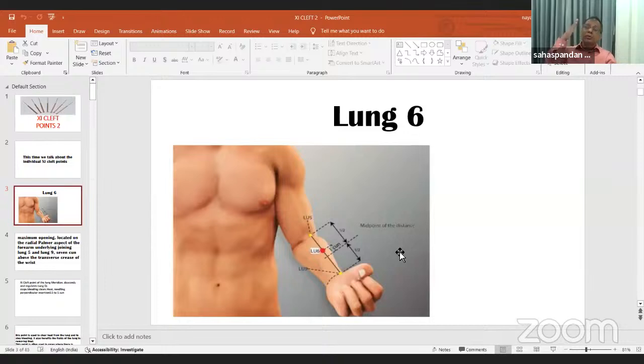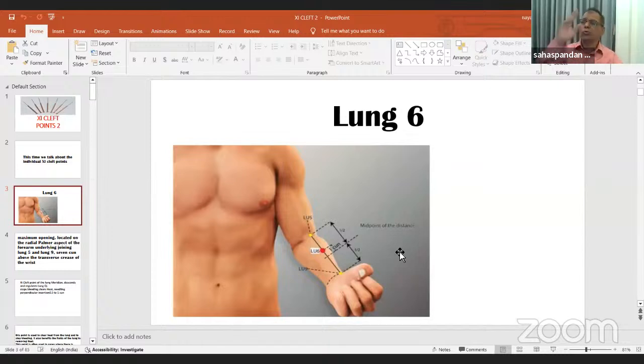It stops bleeding. और जो रक्तस्राव होता है वो रोक देता है. It clears heat. If there is heat in the body, this point clears it.